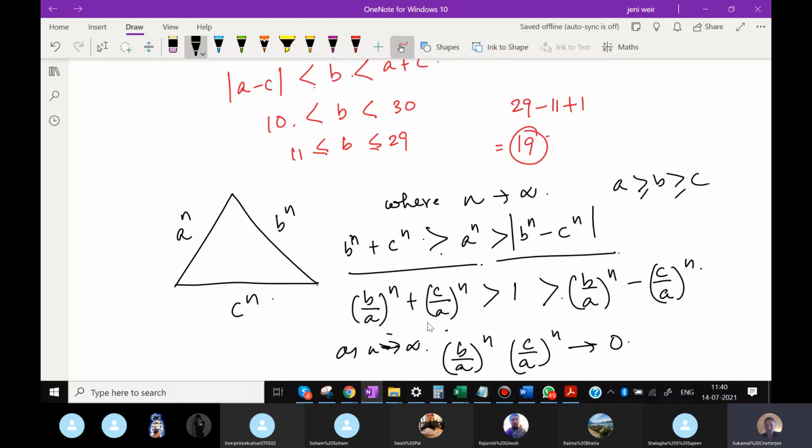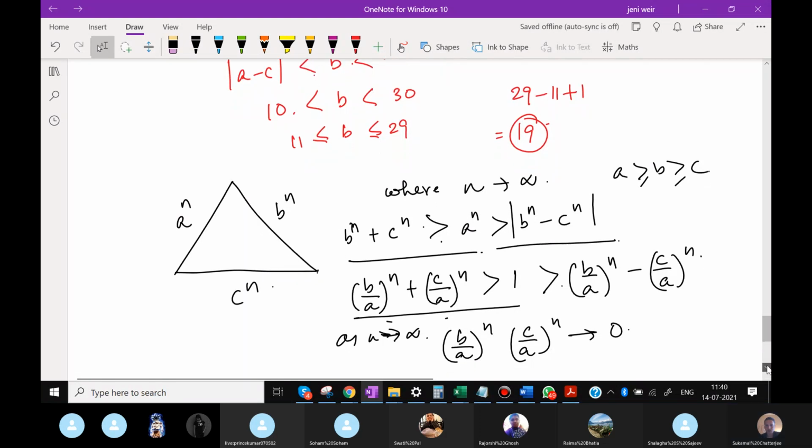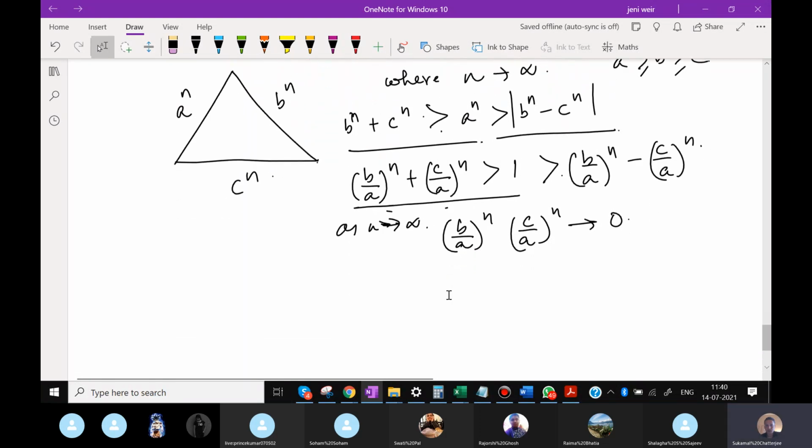So that means this inequality will become invalid if n goes to infinity, because this will become 0 greater than 1, which is invalid.